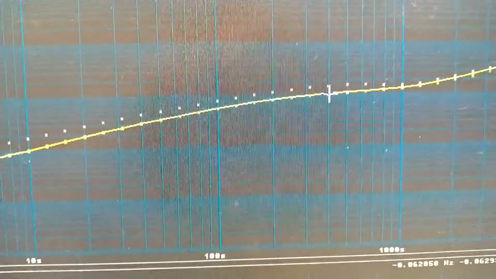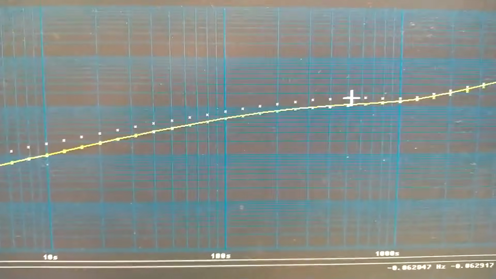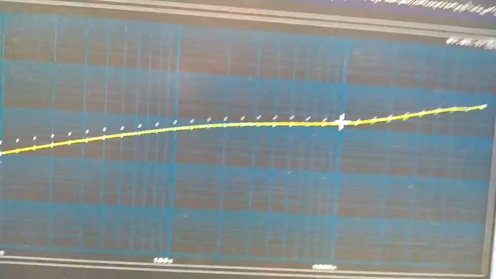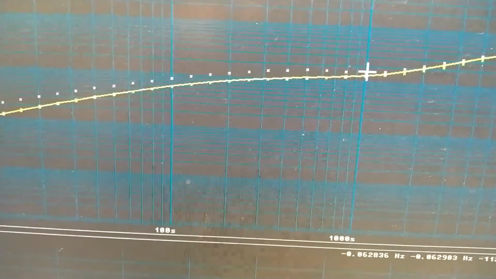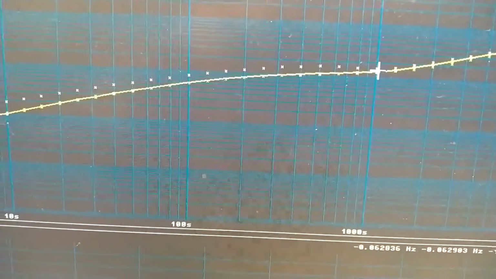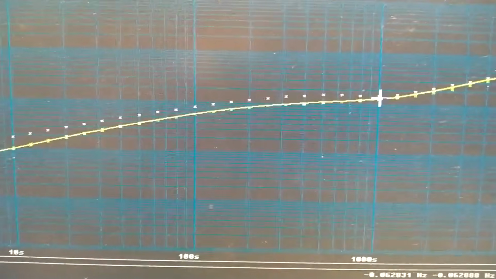There is a difference between the green and the red dots, but here they become equal. That is 1000 seconds. So that is the time constant. Well, it's related to the time constant of the phase lock loop.